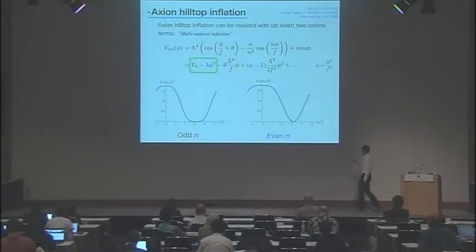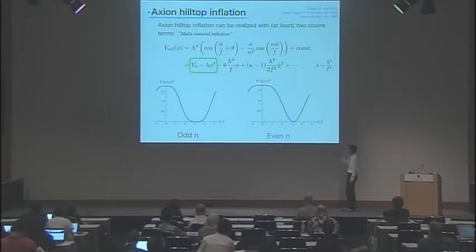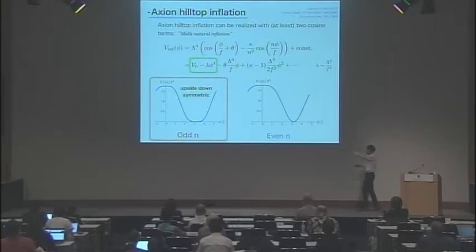And what is interesting here is that if you take n as an odd integer, the potential is also flat around the potential minimum. This is not the case if n is an even integer, but if n is an odd integer, then you have upside-down symmetry, so the inflaton is light around the top of the potential.